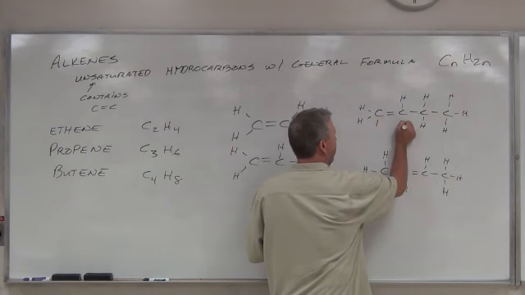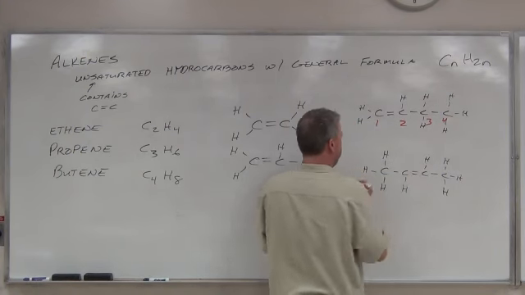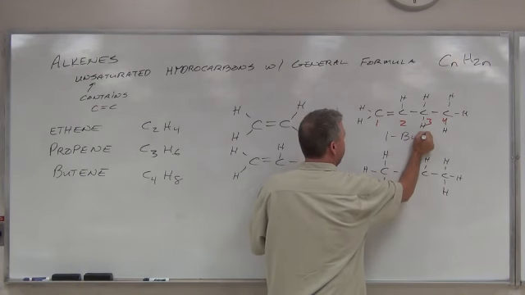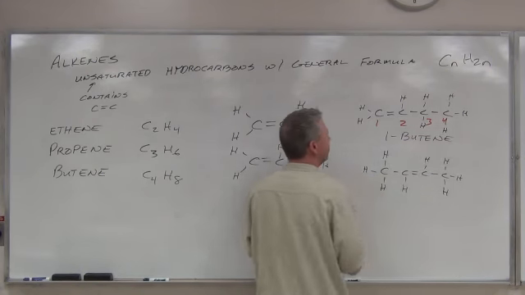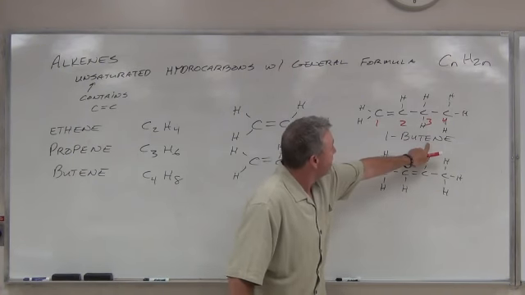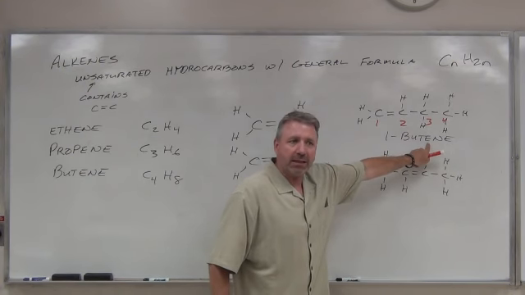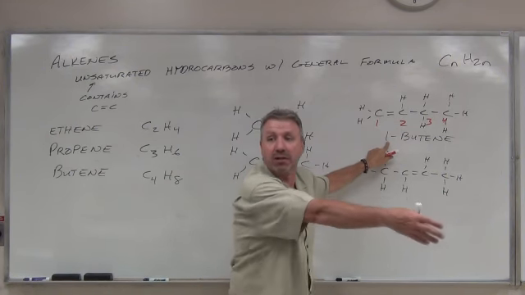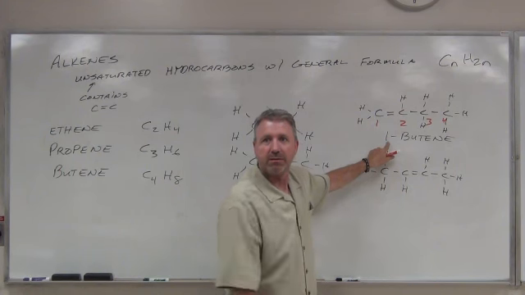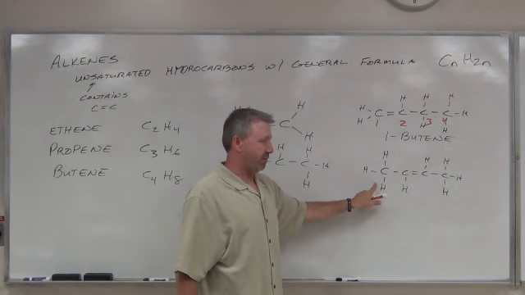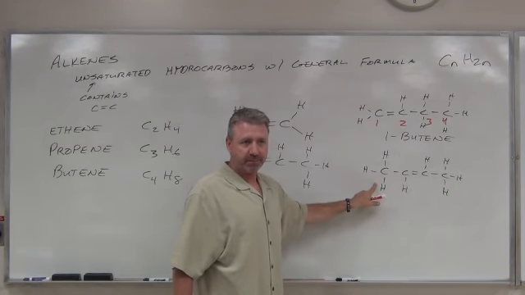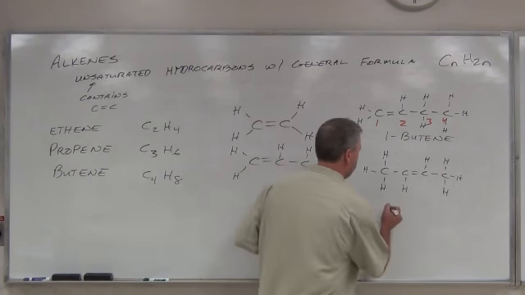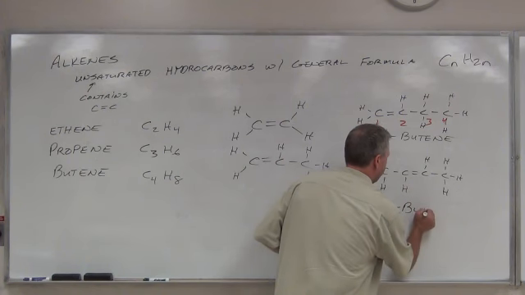So if I number my chain in this way, this is 1-butene. I have an ene, a double bond, that begins at carbon 1, and it's understood that it goes to carbon number 2. This one would then be what? That's right. 2-butene.